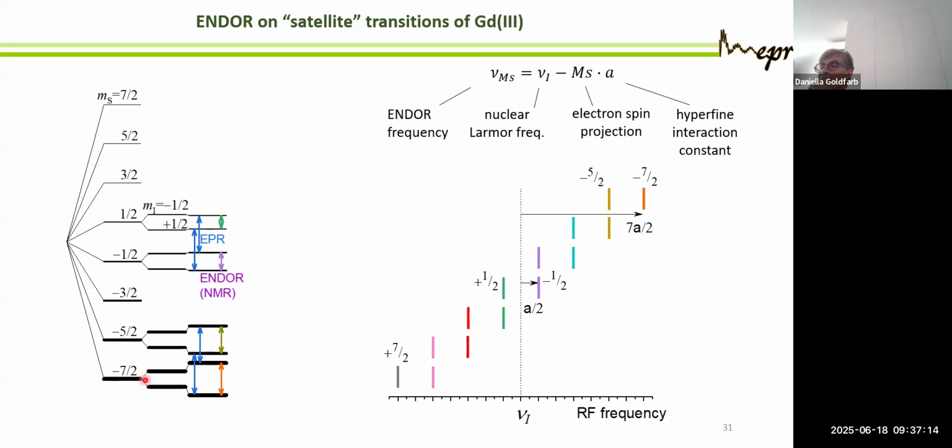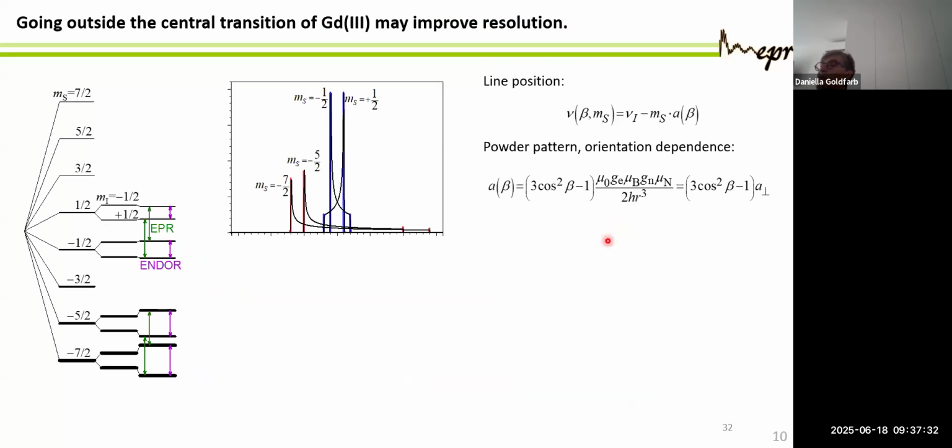So if I excite this 7/2 one, it will show up here, and then the other one will show here. And so they will move. Let's see the picture that is easier, for the powder pattern.